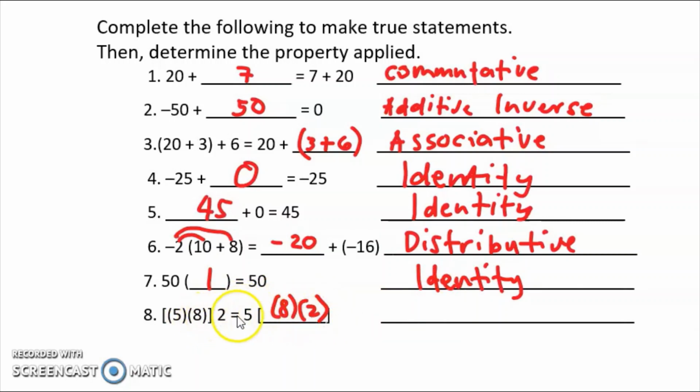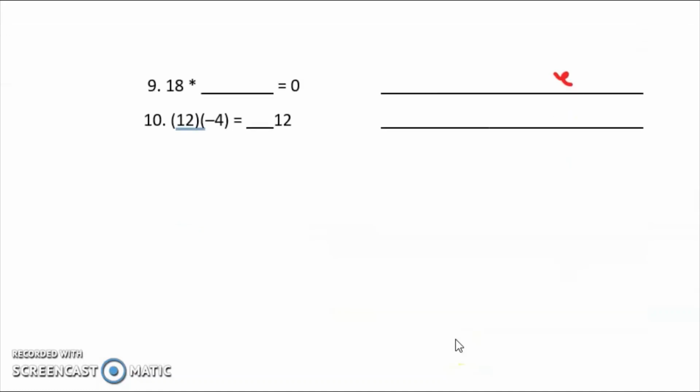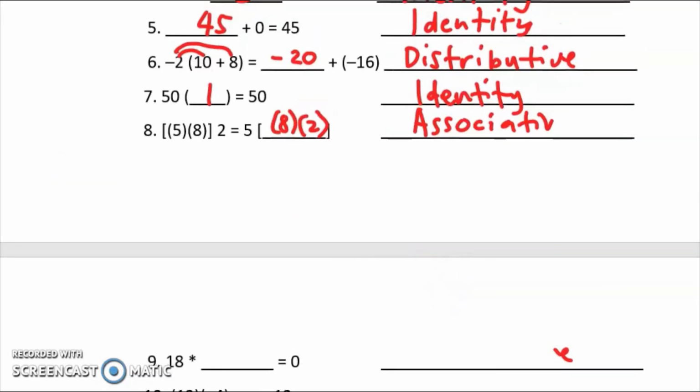Yung association or yung groupings is not important? Correct. That's associative property of multiplication, ha? Talagang bumababa siya. Okay? Ano kayang nangyari? Wait lang, ayusin ko lang, ha? Baka kasi kayo ay malito.